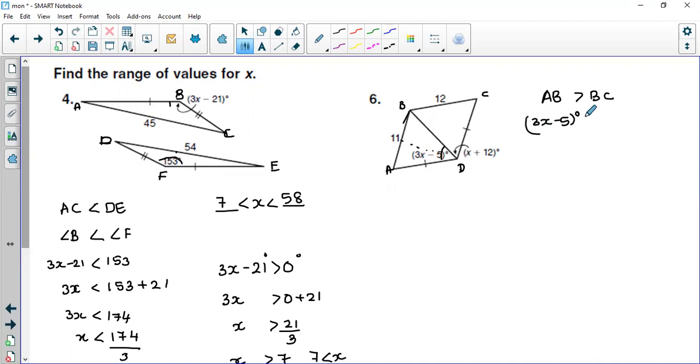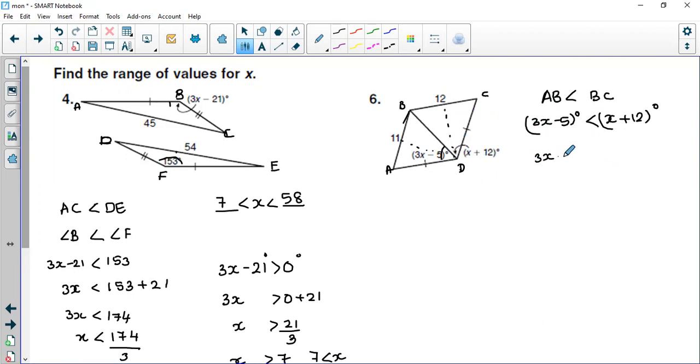Is, why did I write AB is greater than BC? AB is less than BC, because AB is 11 and BC is 12. So this is going to be less than x plus 12, because this is the one corresponding to BC side, right? This angle, which is the greater one. So this is x plus 12 degrees. As simple, you have to just solve this inequality.